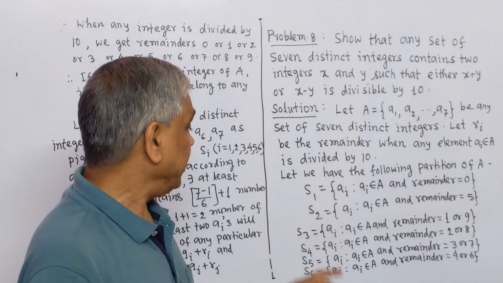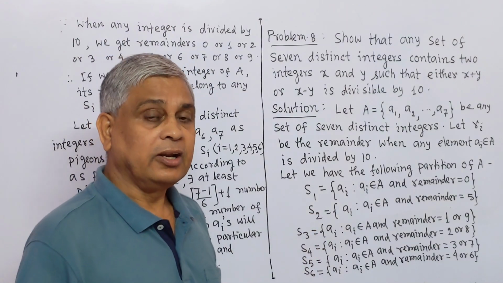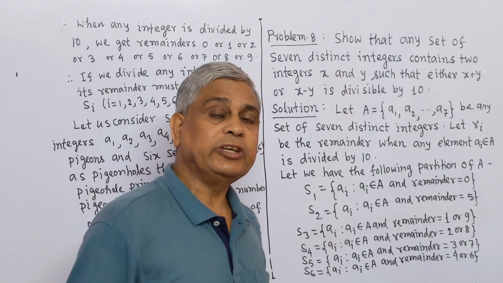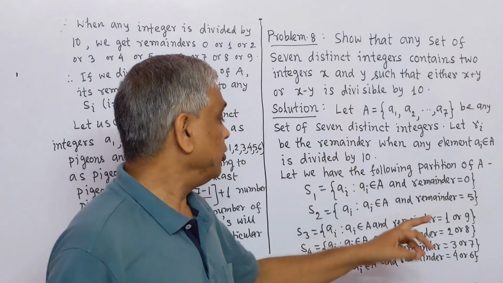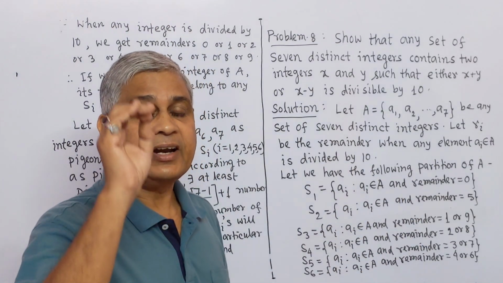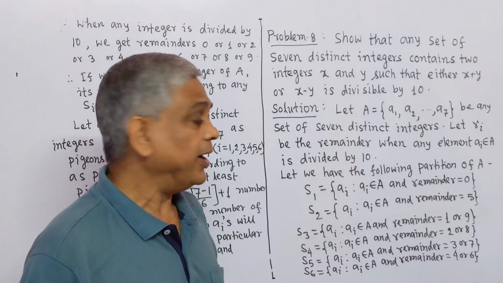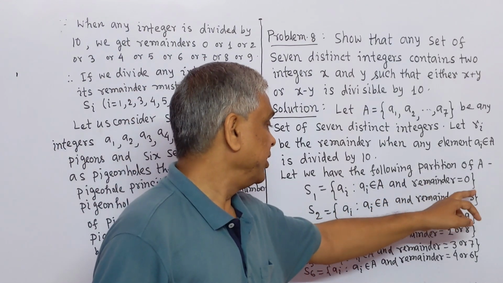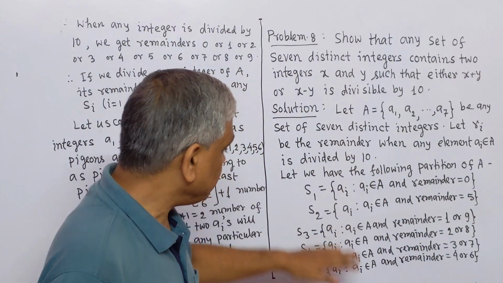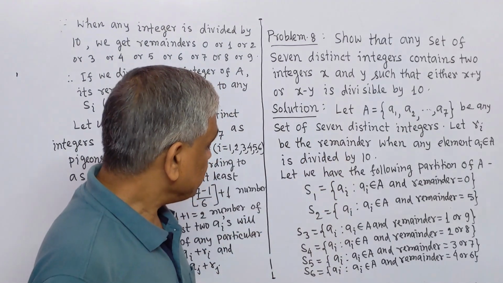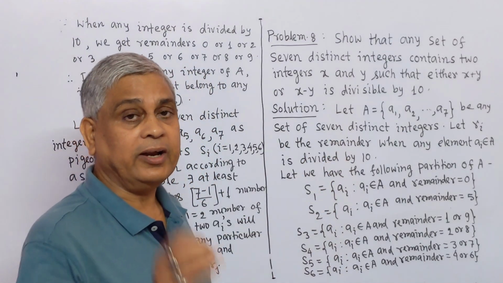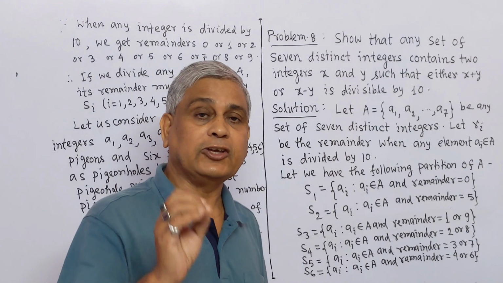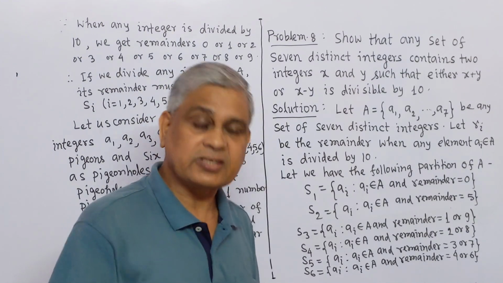Similarly, S2, the second partition, contains all those elements ai belonging to A such that when ai is divided by 10, it gives remainder 5. And similarly, in this way, we get 6 partitions S1, S2, S3, S4, S5, S6.